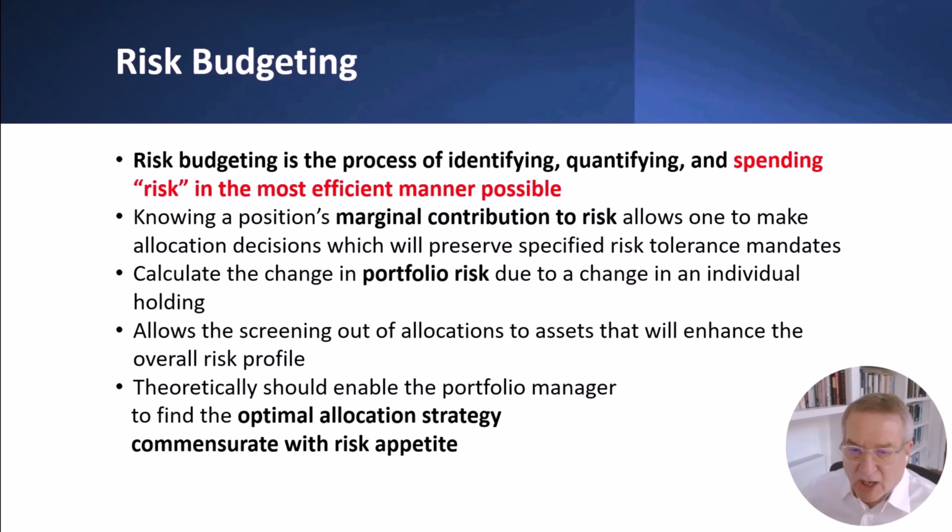And the idea is to calculate the change in portfolio risk due to the addition or perhaps subtraction of an individual holding. This allows the screening out of all allocations to assets that will enhance the overall risk profile. Theoretically, it should enable the portfolio manager to find the optimal allocation strategy commensurate with a certain specified risk appetite.